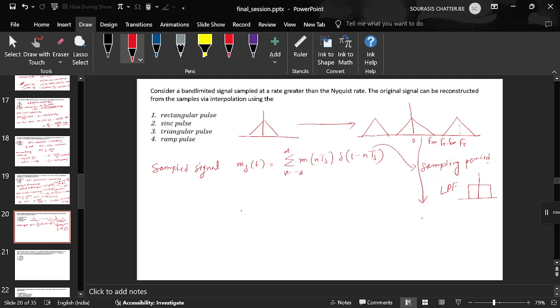So only this component will pass, and then you can perfectly reconstruct your signal as it was being sent. This low pass filter is the frequency domain representation. The impulse response of the low pass filter is given as a sinc function.